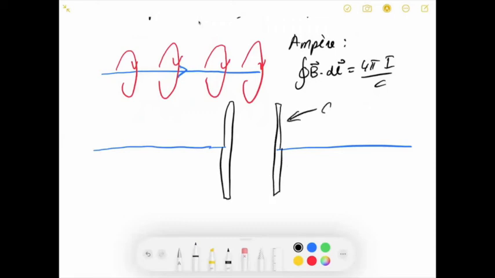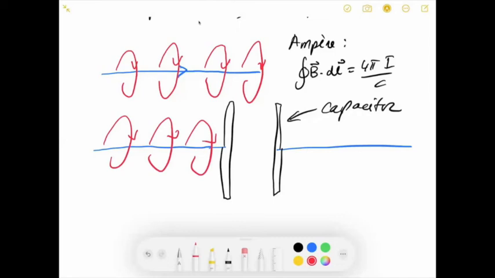So this is a capacitor. And now our magnetic field, there's no reason to assume that it would be different. We now need to be really careful with what we mean by this current.